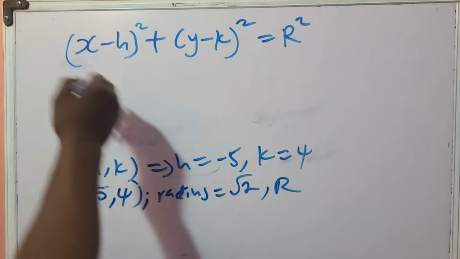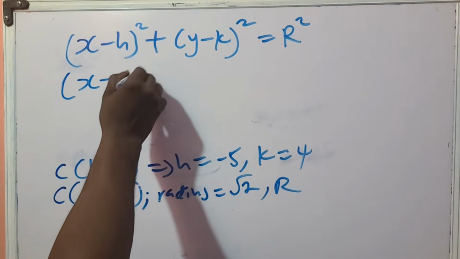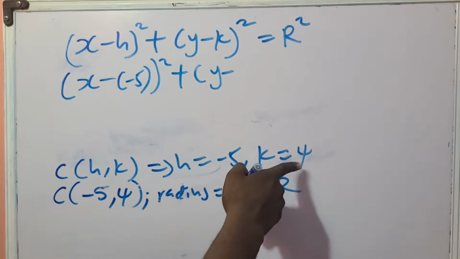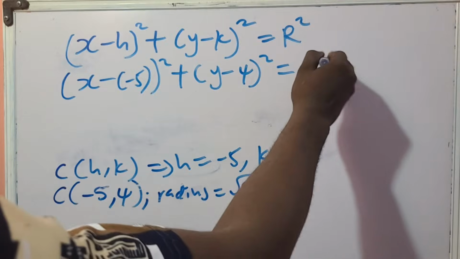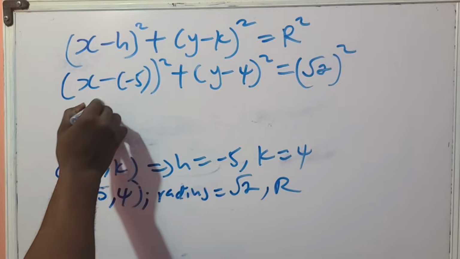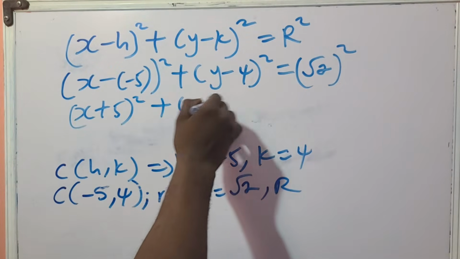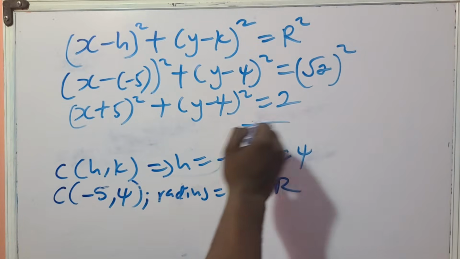So you just have to fix all this here. You will have x minus minus 5, everything all square, plus y minus our k being 4, and then we have the square root of 2 all square. So this will be x plus 5 all square plus y minus 4 all square equals 2.